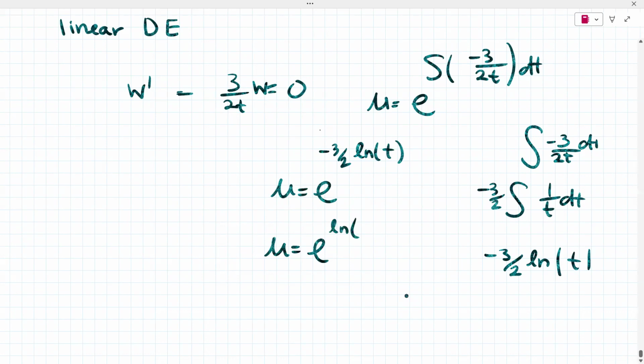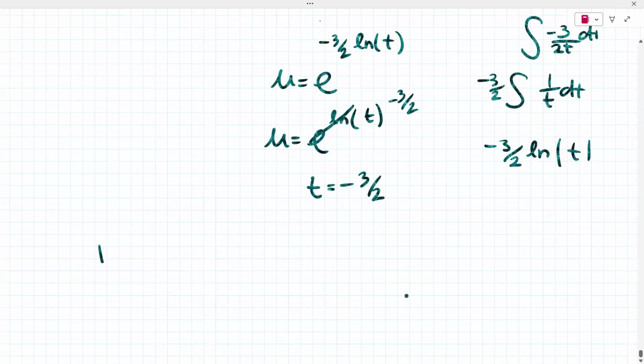This is a number in front of the ln t, so you put that in front. The ln and e cancel, so you're just left with t to the -3/2. So that means our w is going to be c t raised to the 3/2.